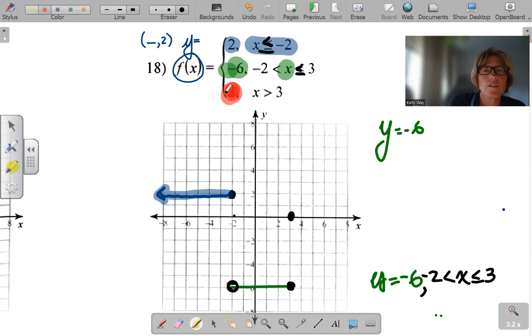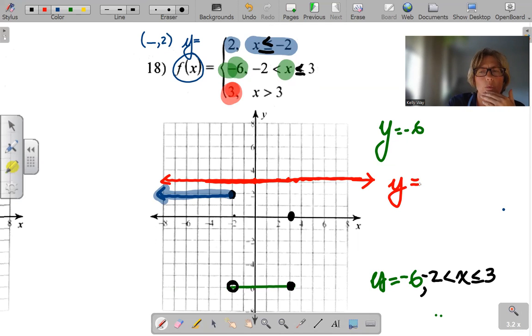Next, we have y equals +3. That's our line. So that's a horizontal line at 3. So that would be where your line would be, y equals +3.